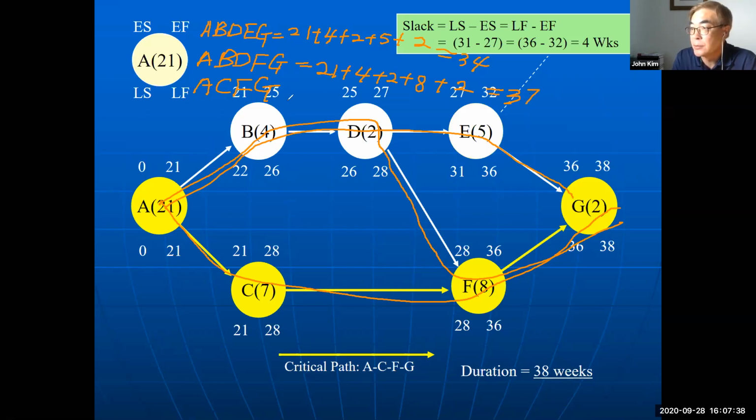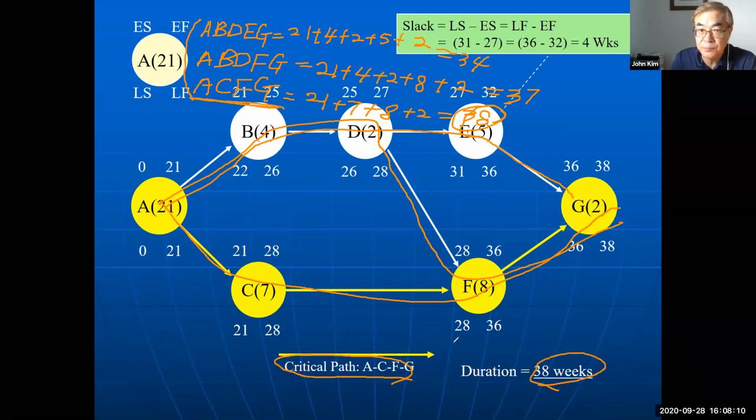And the next path, ACFG equals 21 plus 7 plus 8 plus 2 equals 38. So among three possible paths, this one is longest. So ACFG is the critical path and duration is 38.